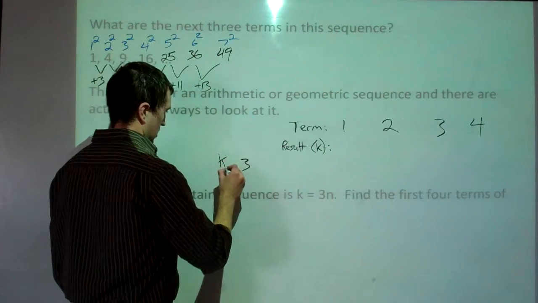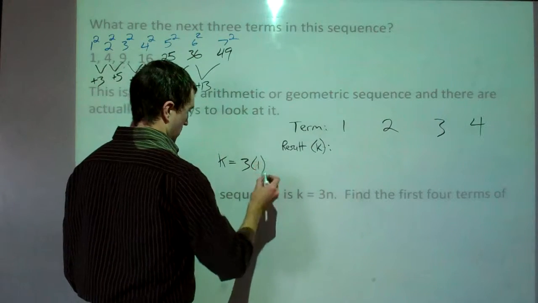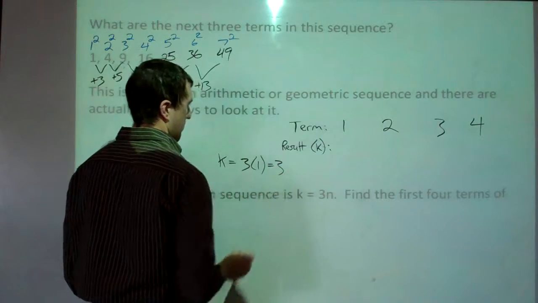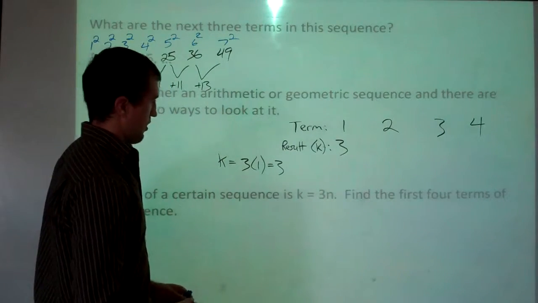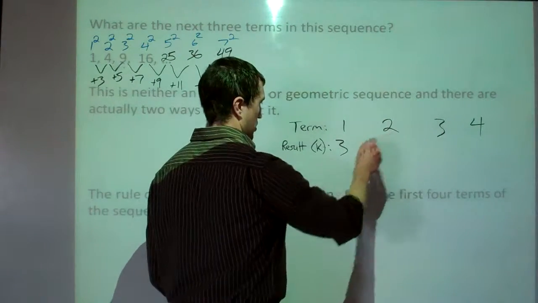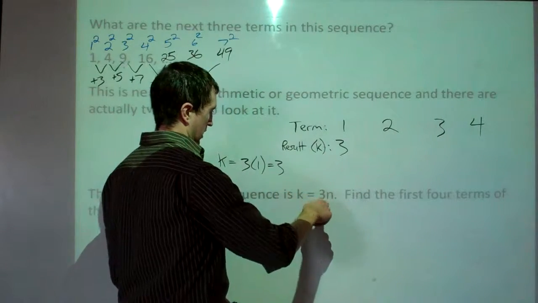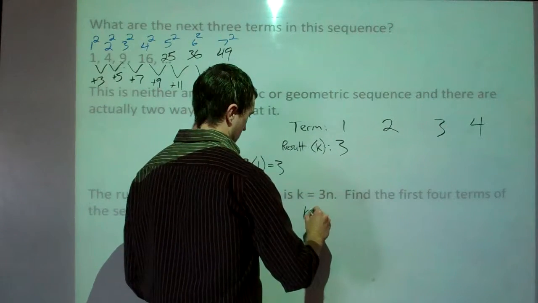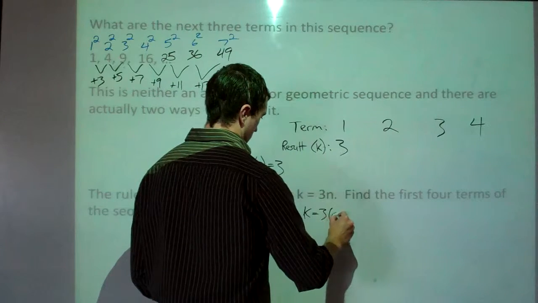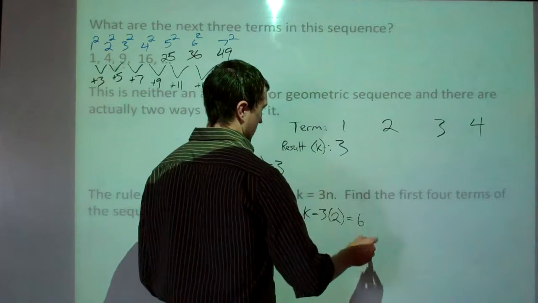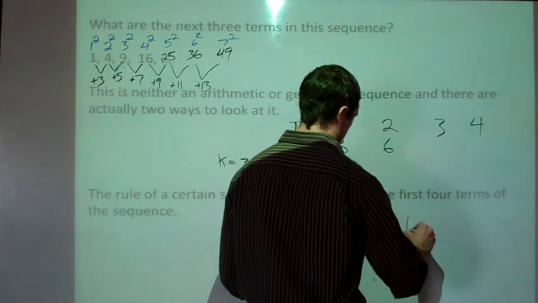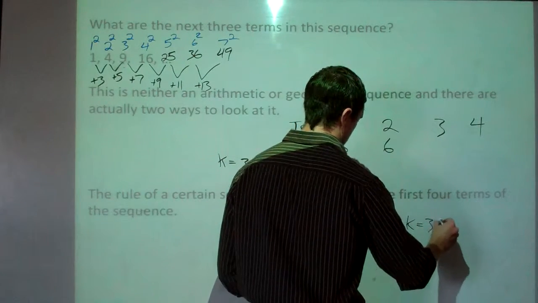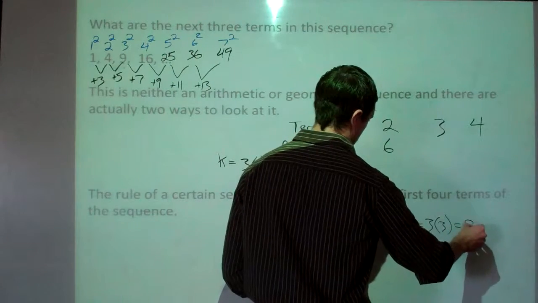So k equals 3 times 1, that gives us 3. So here we get 3. If we put 2 in for n, we'll get k equals 3 times 2, which will give us 6. If I put 3 in for n, we get k equals 3 times 3, which equals 9.